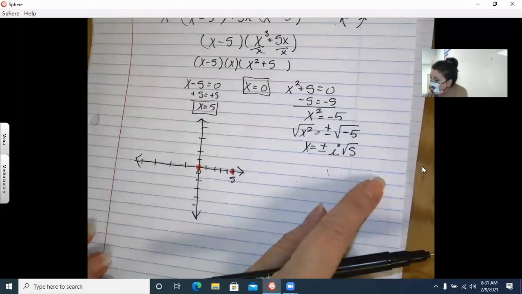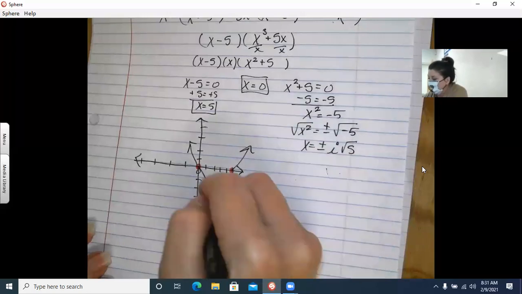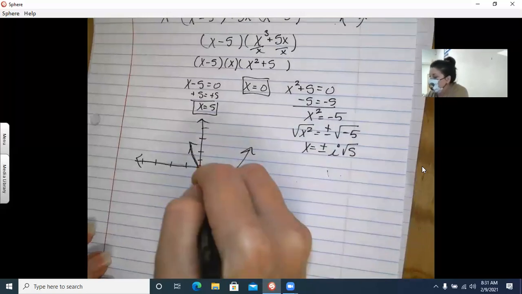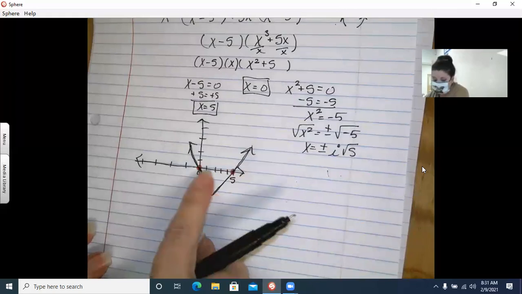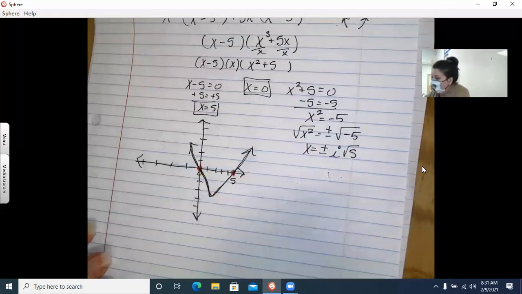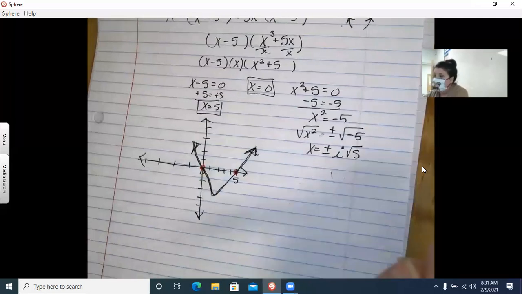Our end behavior was up and up. So this looks like a quadratic because it had 4 degrees. It's possible that you could have 2 turning points in between 0 and 5, both below the x-axis. You could do that. We wouldn't really know unless we did some more math or used a graphing calculator. But please don't pack up yet.